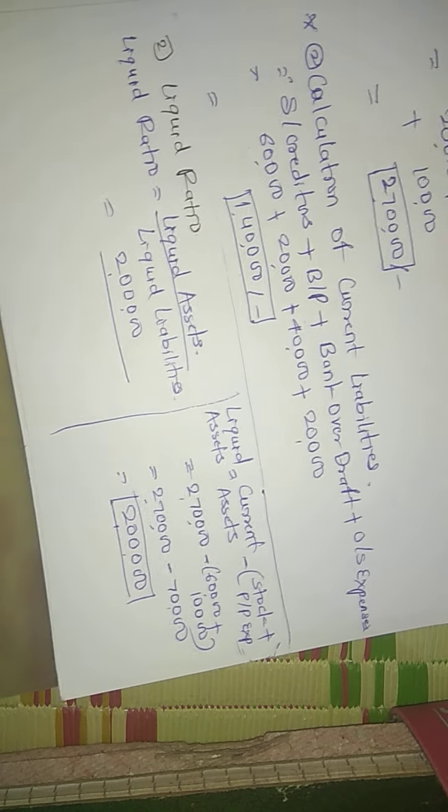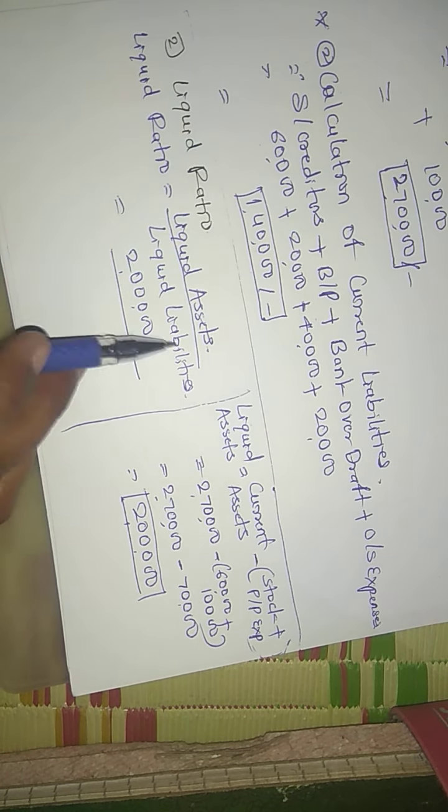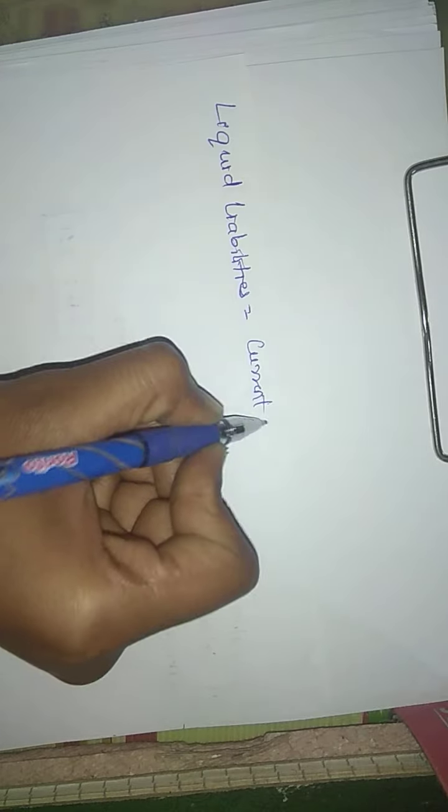Then next we will calculate the value of liquid liabilities. Okay, so see here, calculation of liquid liabilities. Liquid liabilities equal to, the formula is current liabilities minus bank overdraft and cash credit.